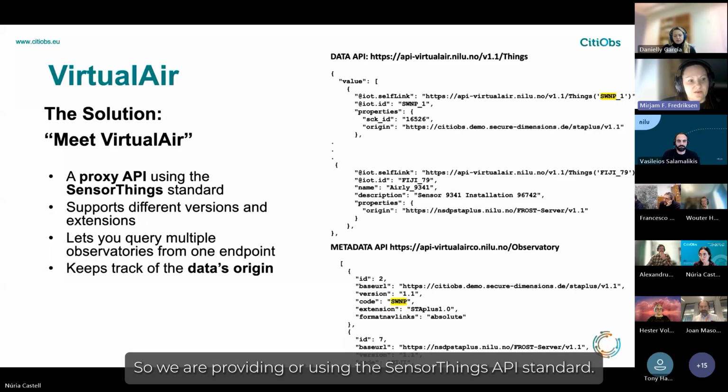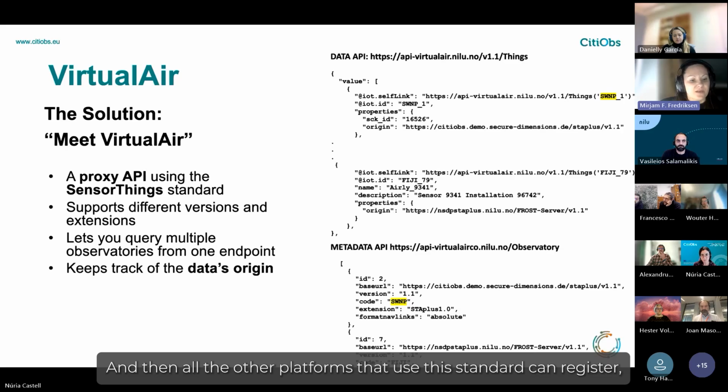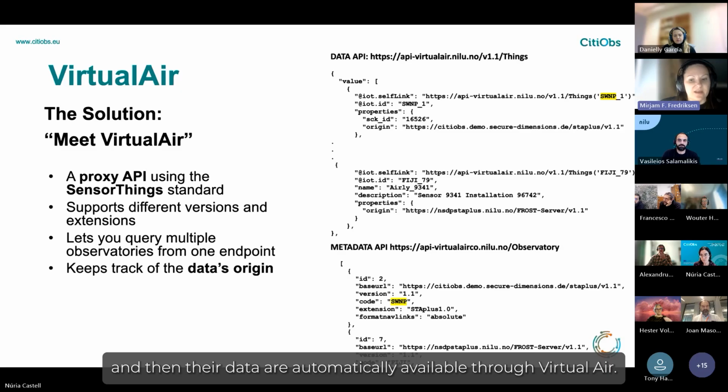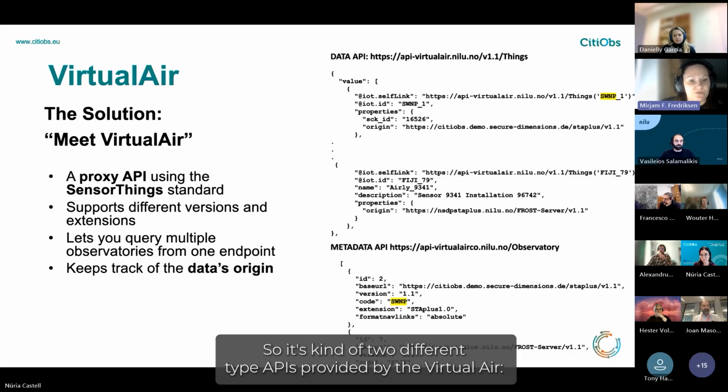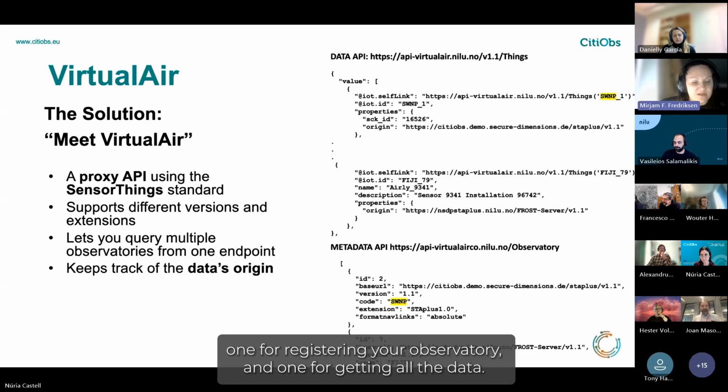So we are using the SensorThings API standards, and all the other platforms that use these standards can register, and the data is then automatically available through the Virtual Air. Even though we are connected to different platforms, you can always see where the origin of the data is. So there are two different APIs provided by the Virtual Air, one for registering your observatory and one for getting all the data.